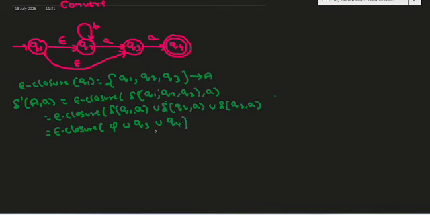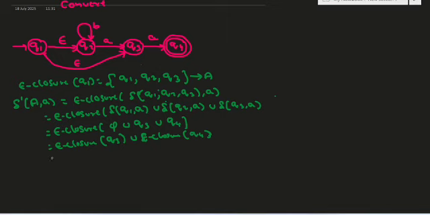So, now we have to find the epsilon closure of Q3 union epsilon closure of Q4.